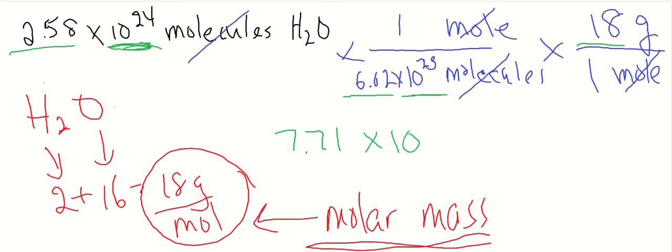You can't just ignore that. Now, 24 minus 23 is 1, and we're subtracting because this is a fraction, a division problem. 10 to the 1 is just 10. So this is also the same thing as 7.71 times 10. If you plug that in your calculator, you really don't need a calculator. You just move the decimal over 1 if you want.